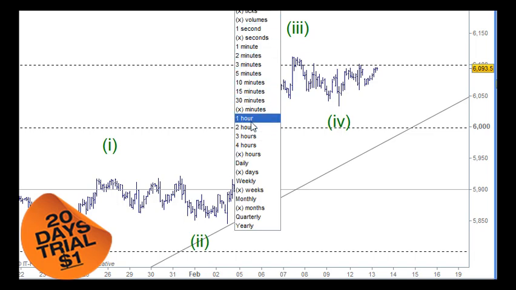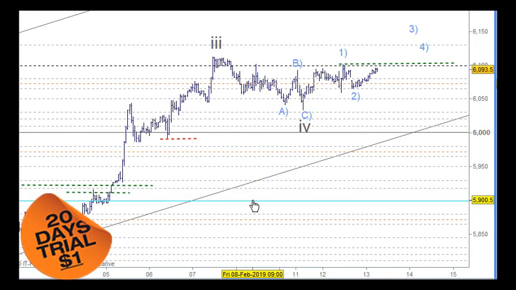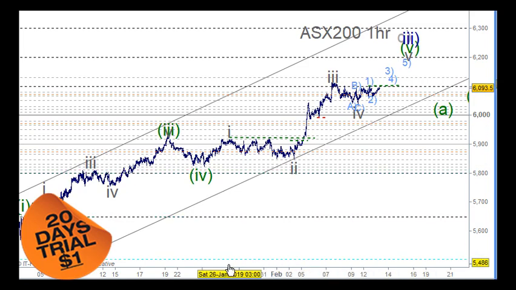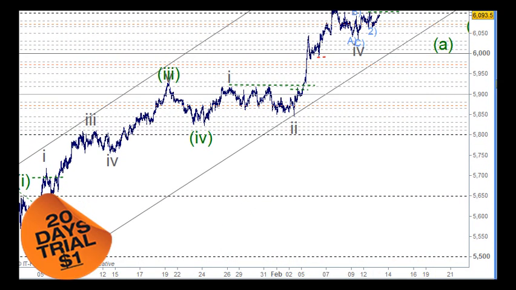One thing I need to explain here too, this is a 1-hour chart here. So I'm going to squash this up a little bit here. So this is another count that I've got, and the reason that I've got this count is because of all of this in here.